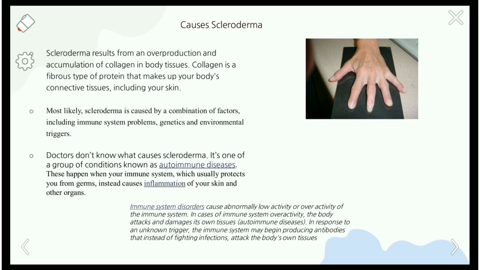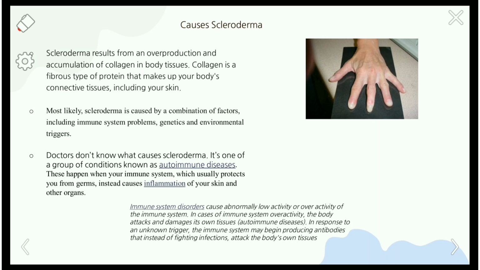Next is causes for scleroderma. Scleroderma results from an overproduction and accumulation of collagen in body tissues. Most likely, scleroderma is caused by a combination of factors including immune system problems, genetic and environmental triggers.